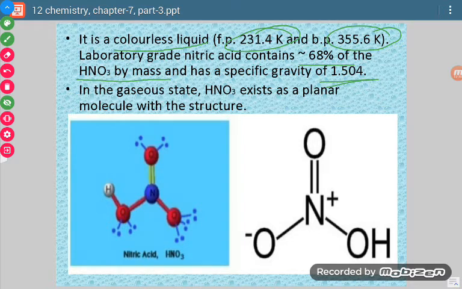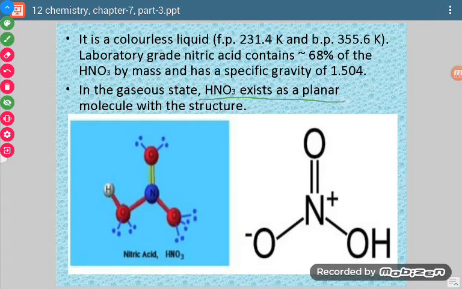So you can remember that whatever nitric acid we are using in the chemistry lab contains 68% nitric acid by mass, and the specific gravity is 1.504.